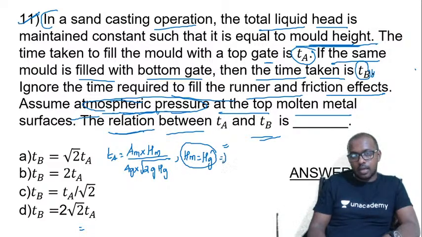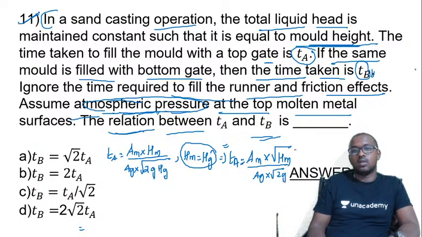So I can write TA is equal to A of M into root over H of M. Because this is the same, this can be written as H of M, so that gets cancelled, divided by A of G into root over 2g.